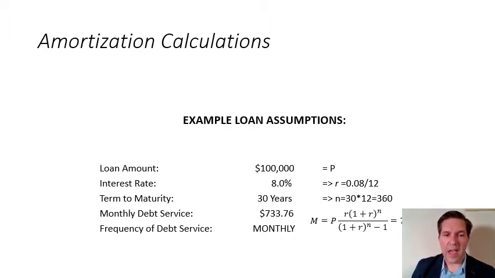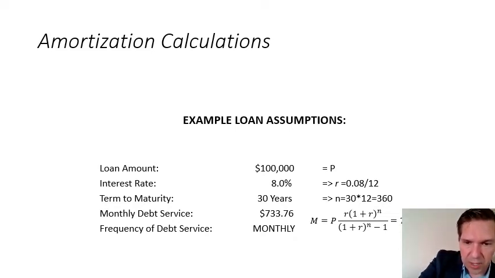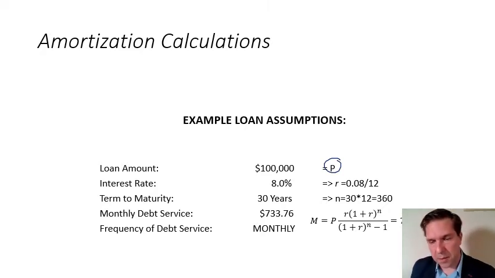If you apply the formula that we have right here, that's going to yield a certain monthly payment. So let me show you what we're going to plug into this equation that comes from the first line. The first thing that you need to put in the formula is P, which is my principal.